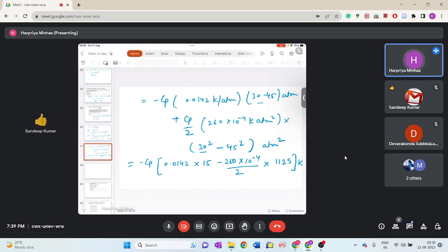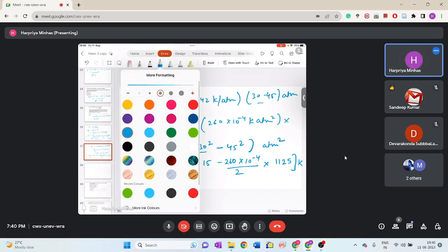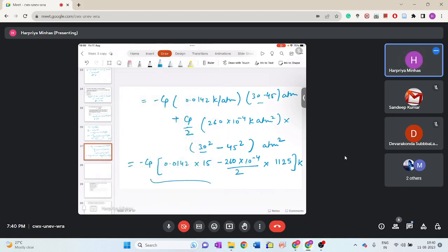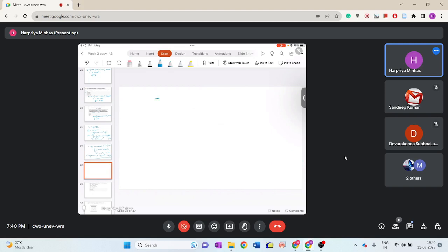Okay, so now let me know the whole solution. At least from here to here, how much is the overall value you will get after solving this?